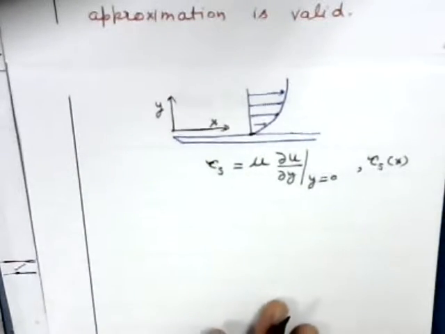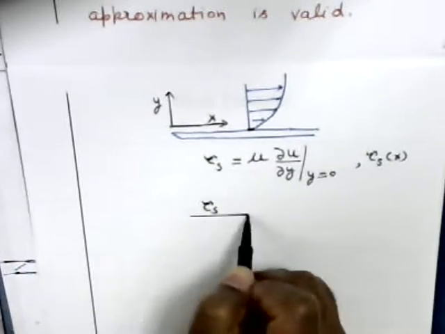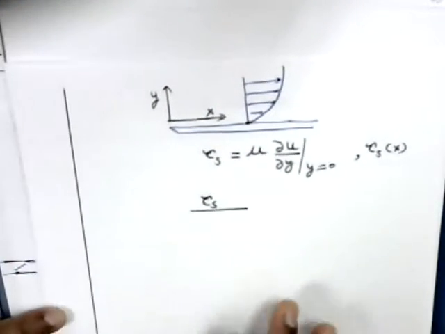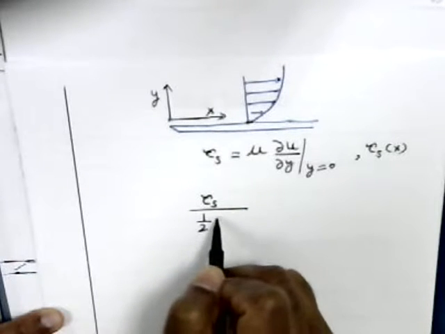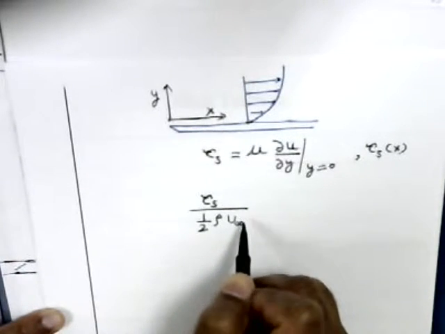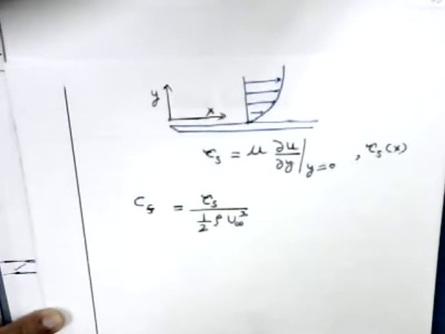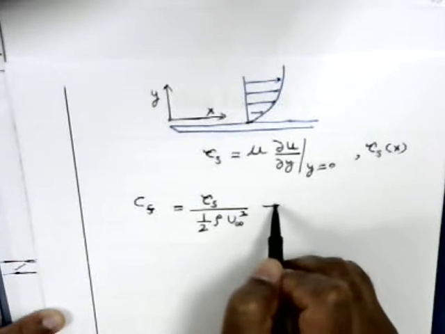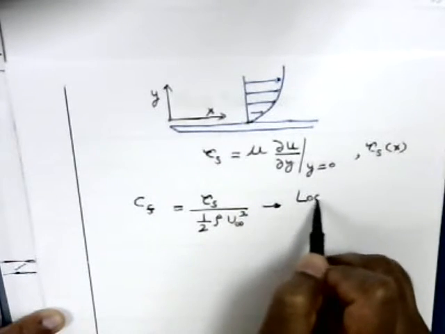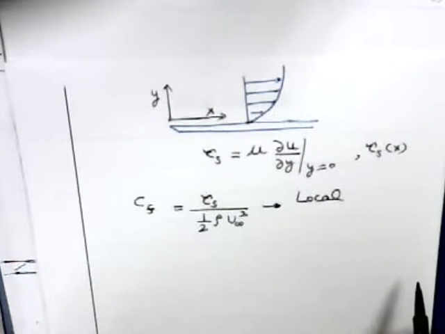We write this in non-dimensional form as tau s over half rho u infinity square, where we take u infinity as the reference velocity, and this non-dimensional parameter is Cf, which you can call the local friction coefficient.